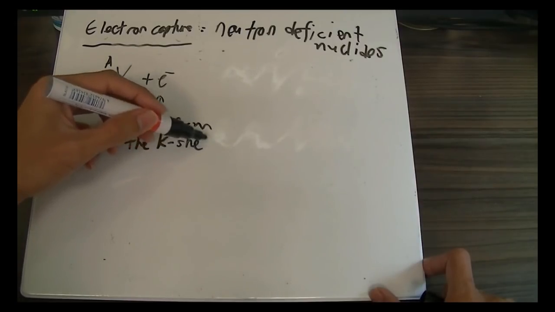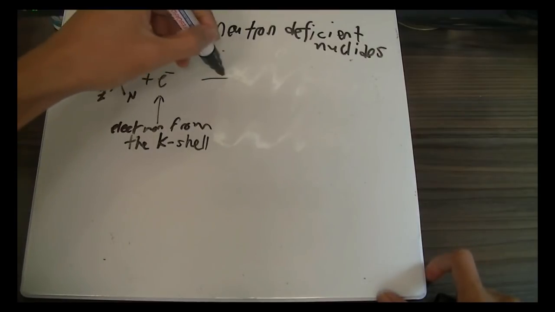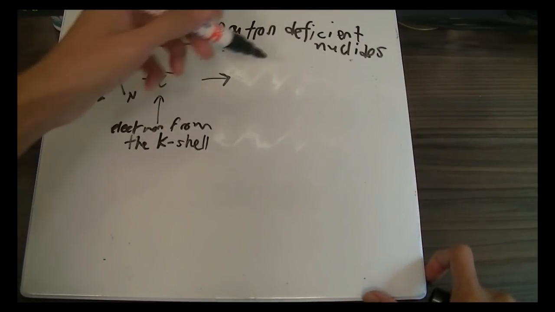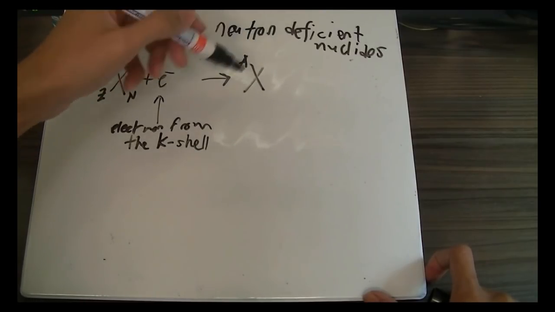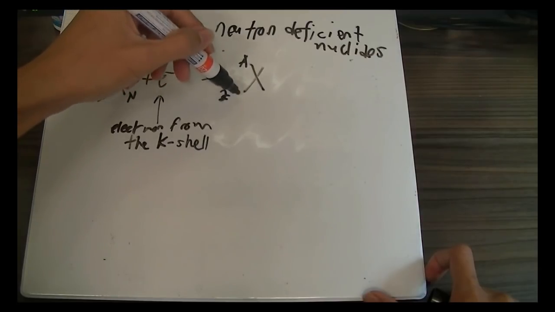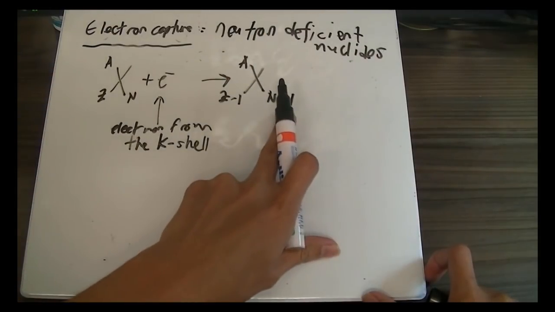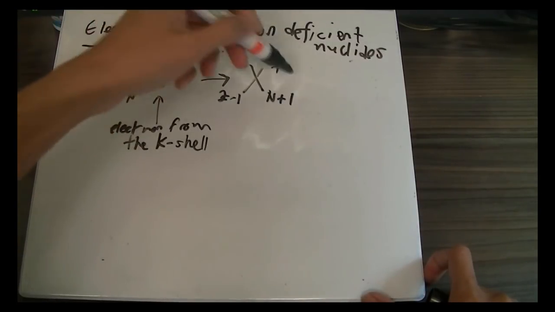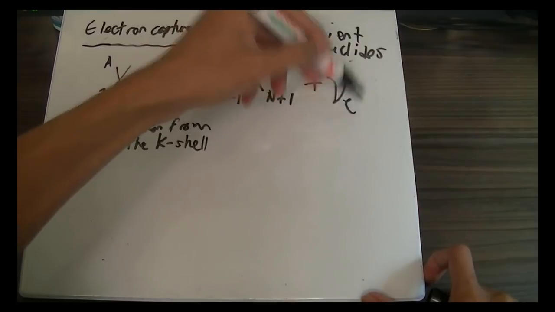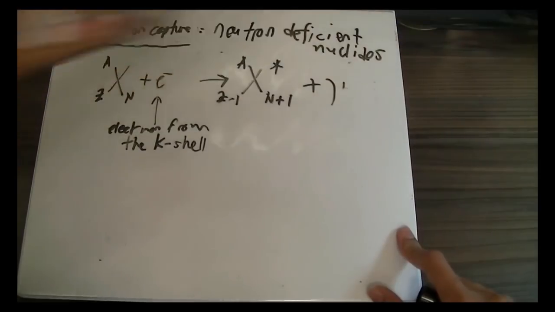One of the K shell electrons is pulled into the nucleus, resulting in a daughter nuclide with the same mass number, but one more neutron and one less proton, of course as usual at an excited state, and a neutrino.